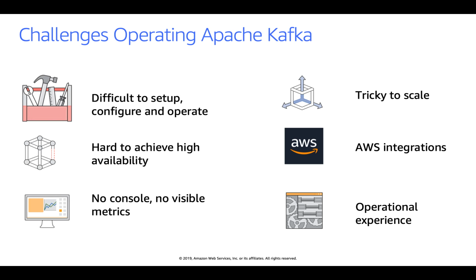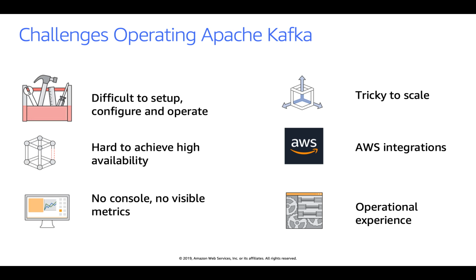So it's difficult to set up. It's kind of hard to achieve high availability unless you really know what you're doing. There is no shiny, glitzy console that comes with Kafka. There is monitoring data, there is configuration data that you can retrieve, but it's not a graphical web-based console. It can be tricky to scale.